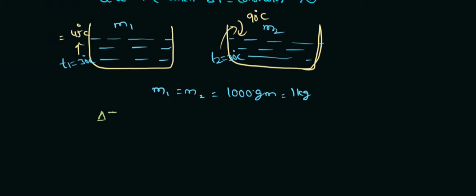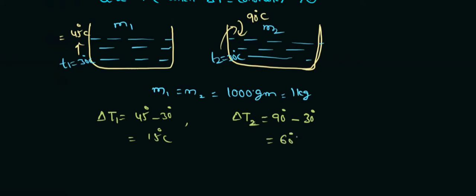For the first case, delta T is 45 minus 30. For the second case, delta T2 is 90 minus 30. These are the differences we are seeing: 15 degrees Celsius here, and 90 minus 30, 60 degrees Celsius there.